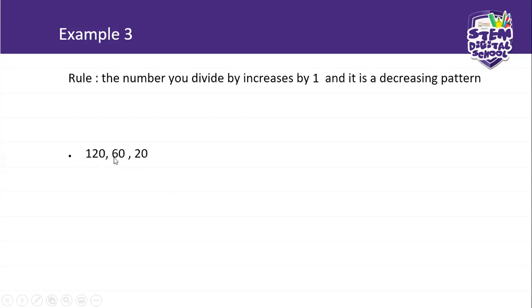It's 60. What is 60 divided by 3? It's 20. What would be 20 divided by 4? 5. So the following one here would be 5.